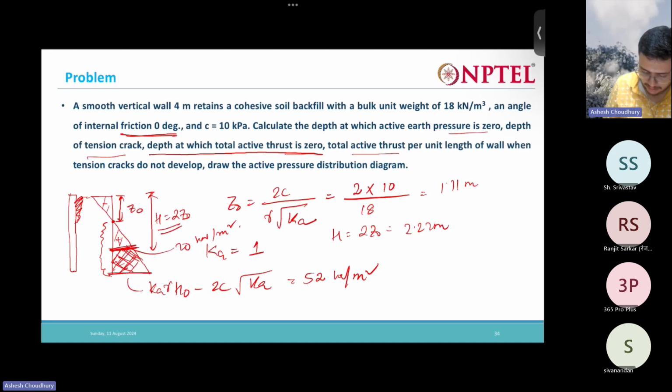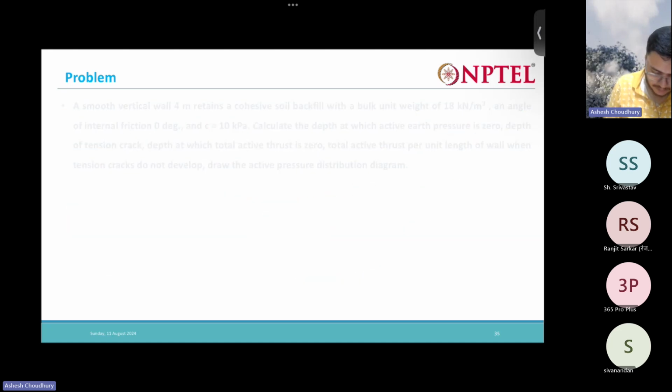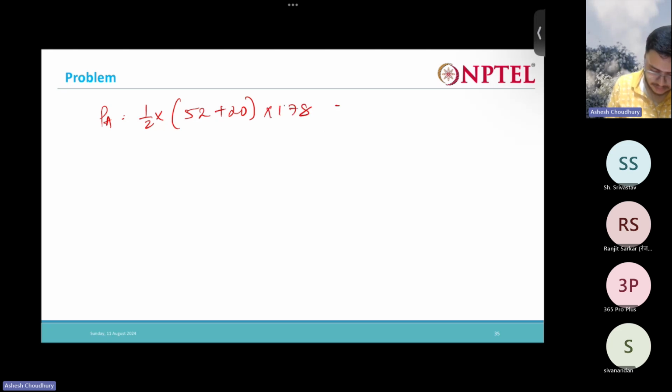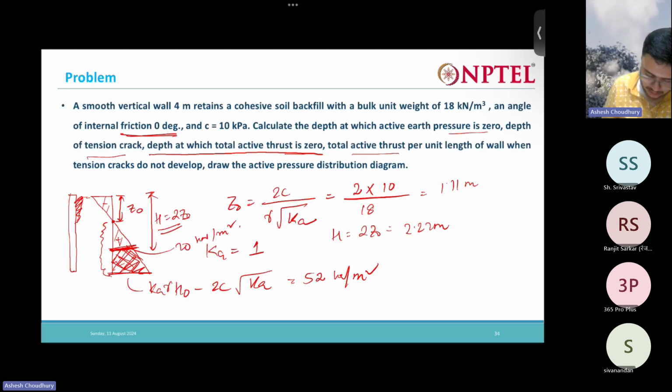I am finding out the area of this trapezium, half per meter. 1.78, you understood. So total height is 4 meter. So 4 meter minus 2.22, this h, so this one is going to be 1.78 meter.